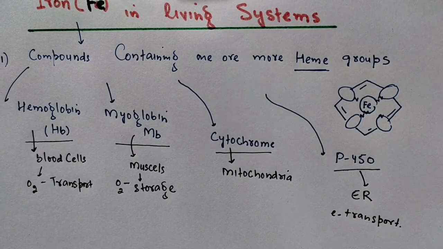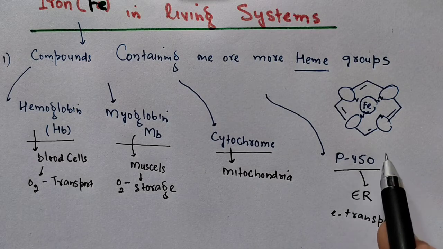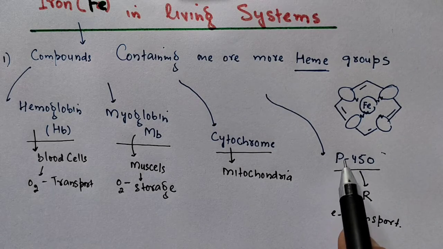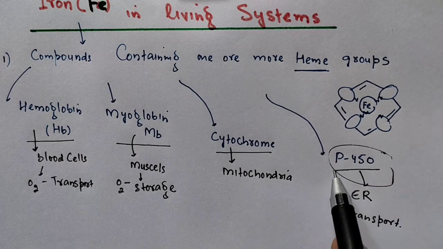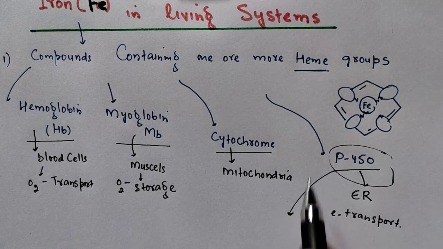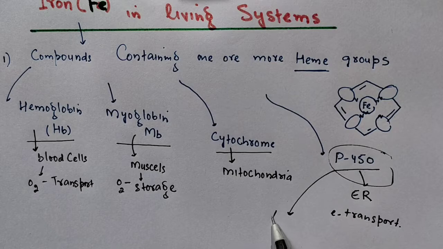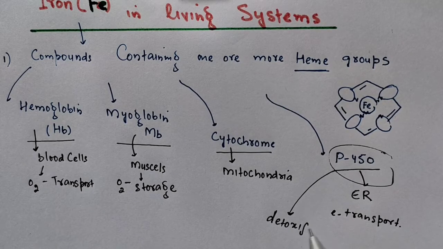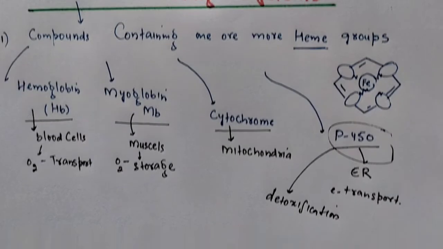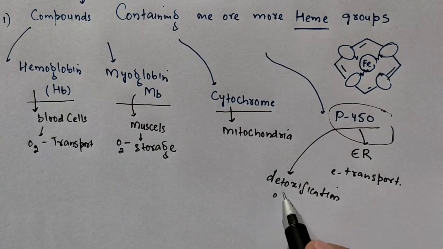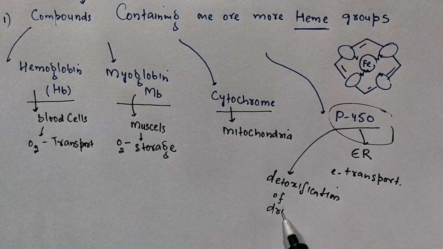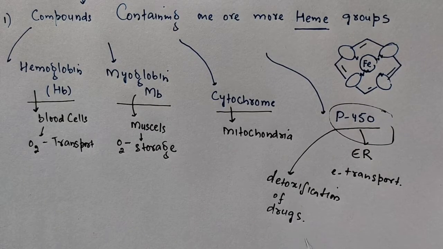Now यहाँ पे एक question है कि जो आपका first, this is your cytochrome P450. इसकी जो important application है, it plays an important role in the detoxification of drugs and other metabolites.